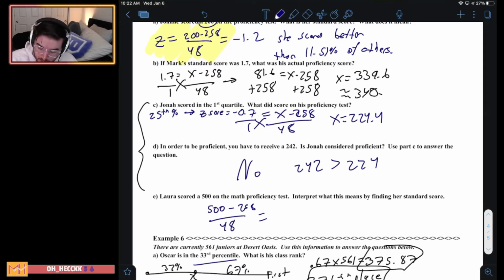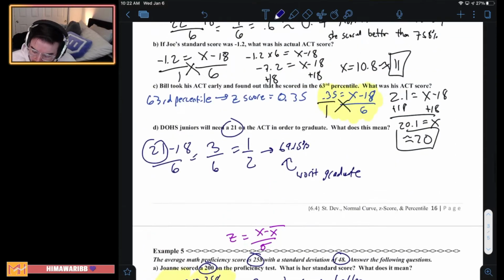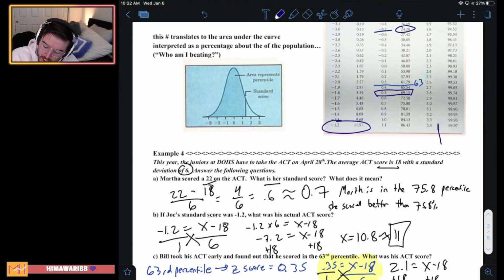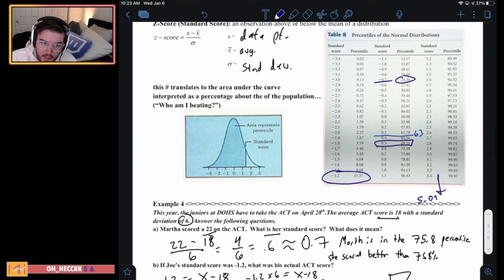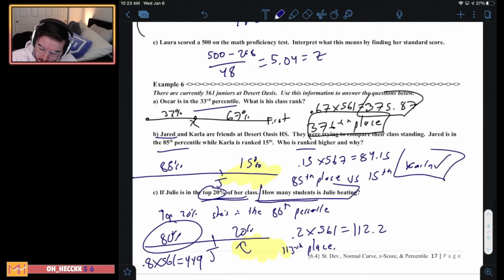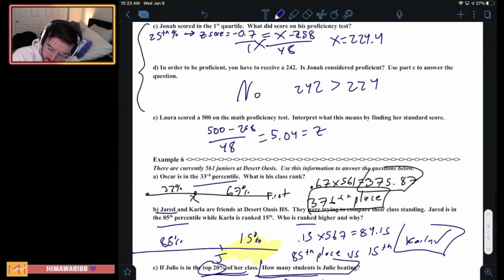She has a z-score of 5.04, which, if you take a look, is astronomically high, right? That is crazy, to be way out there. So basically, she has the best score. She's in the 100th percentile.